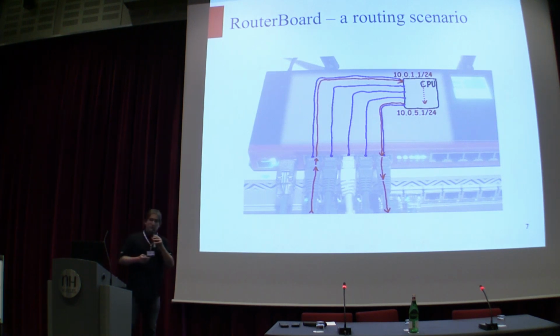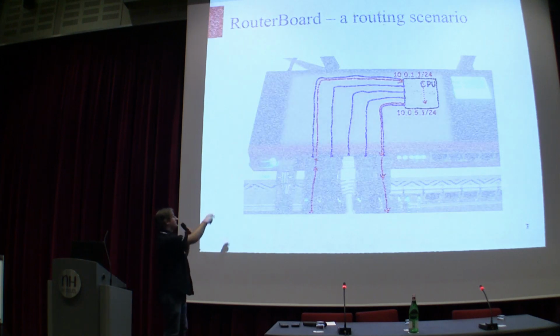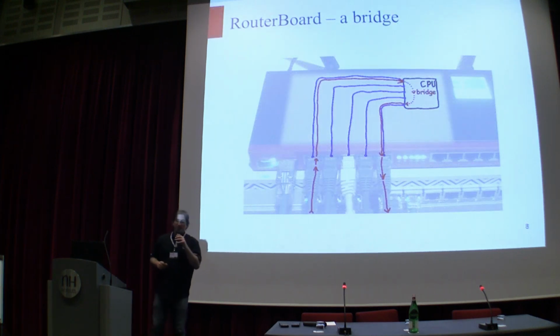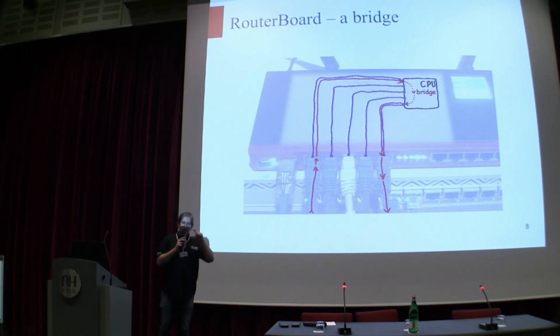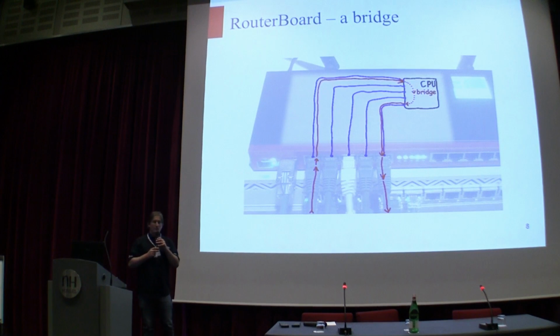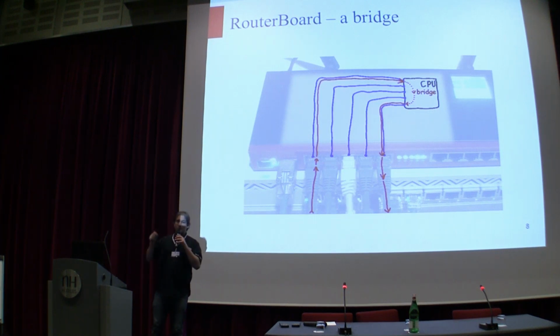But sometimes we want a few physical ports to be in one local network. When we don't want to buy another small switch, we can use the bridging feature of RouterOS to connect the two physical ports to one bridge. You know that on Mikrotik this is very simple.